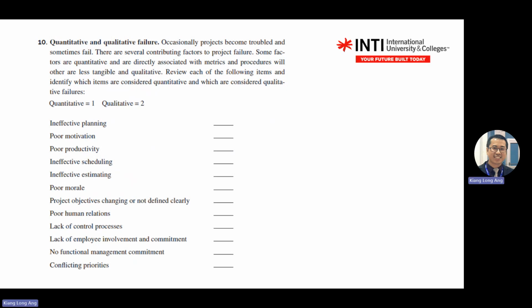It's very subjective. Okay. So review each of the following items, identify each item, and consider whether it is qualitative or quantitative, which are considered qualitative failure. Okay, so I'll give you the first one.